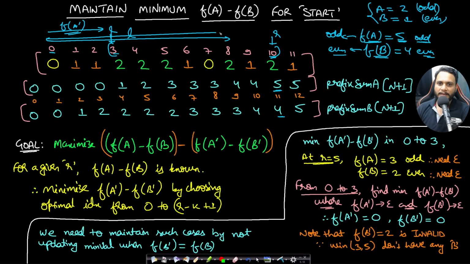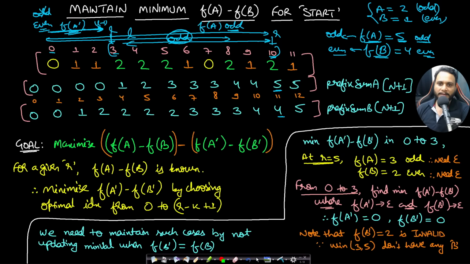Okay, so f a is from the beginning till the end, and f a dash is from the beginning till L minus 1 index. So if you want to subtract them, this is an odd count. The final in the middle is something that you are finding, you have to get it odd count. Then what should be the count of this f of a dash? It must be even, because odd minus even will only give you odd. If f of a dash is odd, then this is not going to work, isn't it?